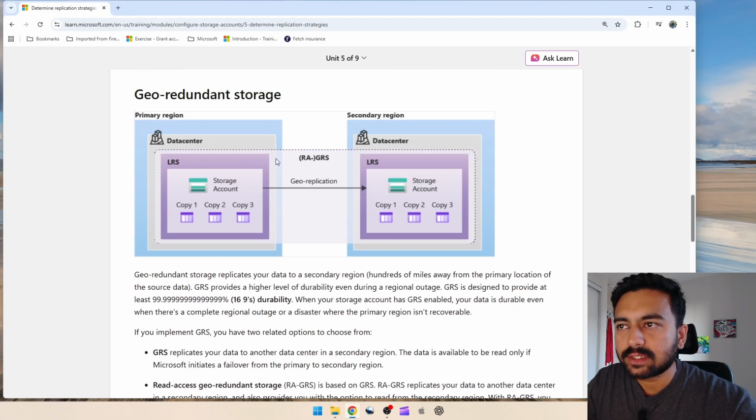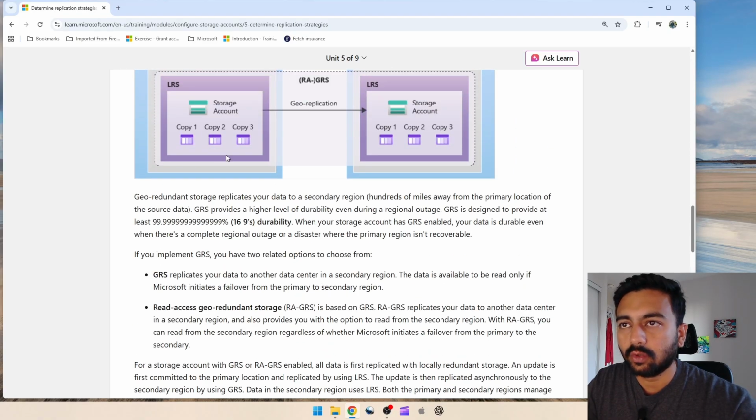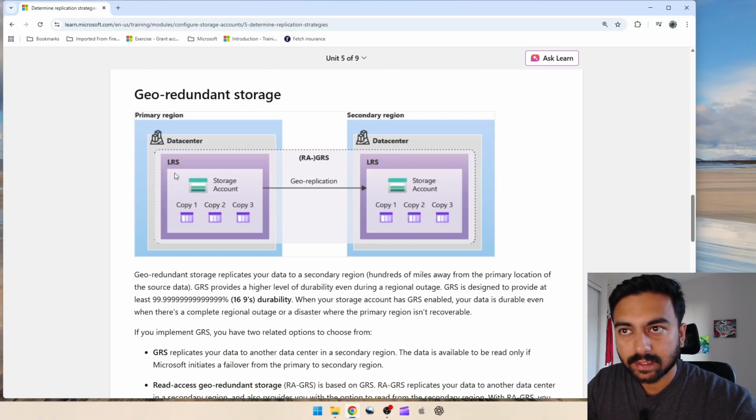Now, how does this work on a micro level? For a storage account with GRS or RA-GRS enabled, all data is first replicated within locally redundant storage. An update is first committed to the primary location and replicated by using LRS.